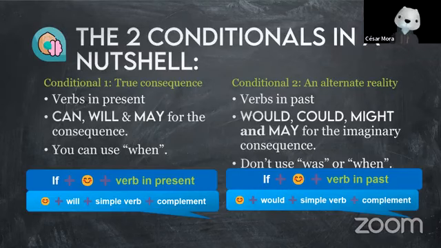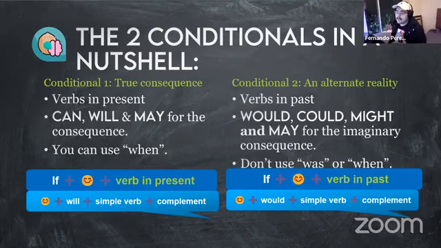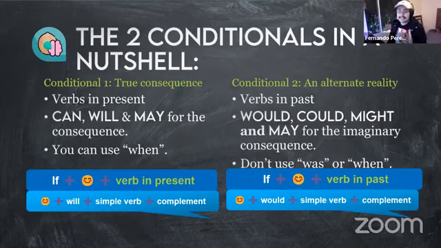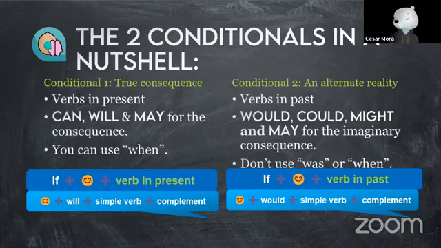If I were a YouTuber. If I were a woman. That's the secret of our second conditional, and it's very important to mentalize the formula, the correct form of the verb, present or past. Very good, guys.